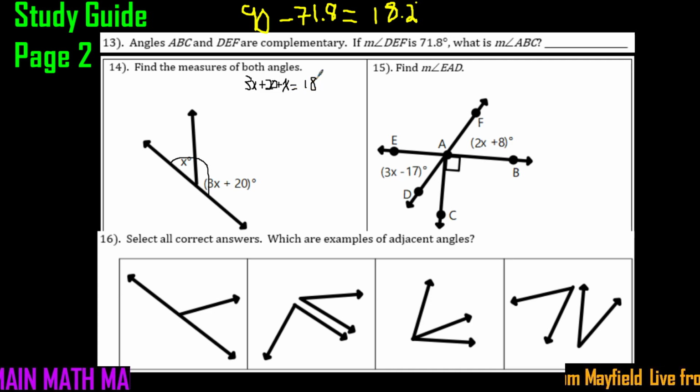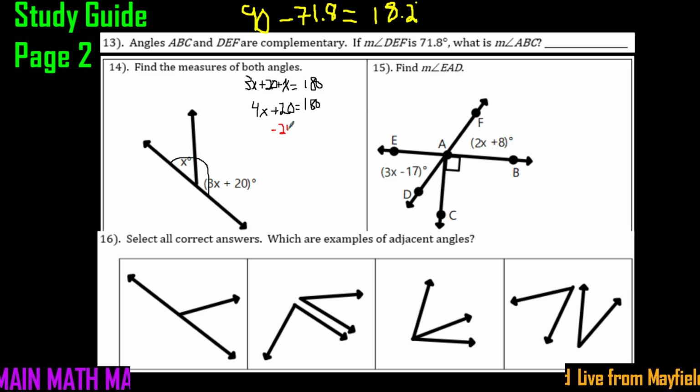Again, I set it up like a normal equation and solve carefully. So I could say, all right, I have 4x plus 20 is equal to 180. Make sure you can do your inverse operation. So I'm going to subtract 20 from both sides. I'm trying to concentrate very carefully, so I do appreciate if you're following along.